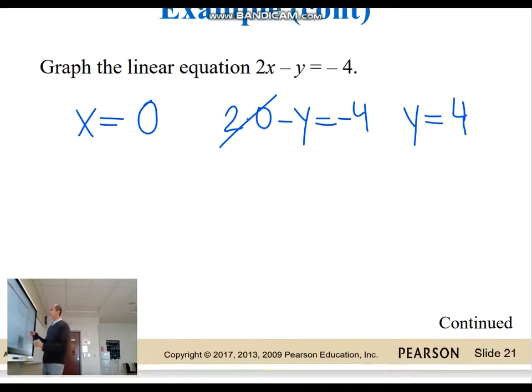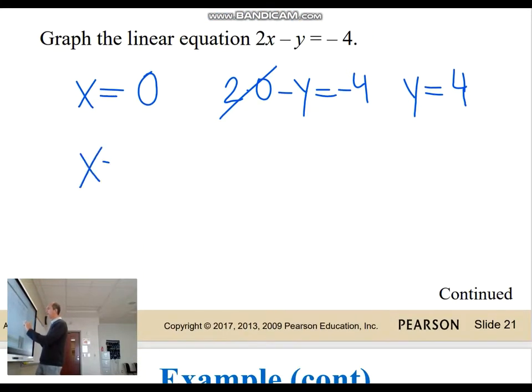Now we can find another point by making x equals 1. It's a good guess. We have 2 times 1 minus y equals negative 4.